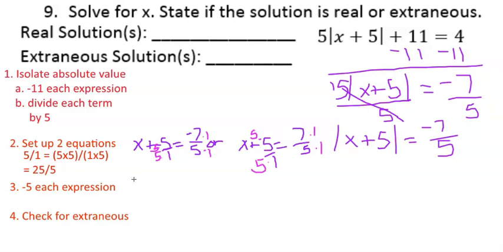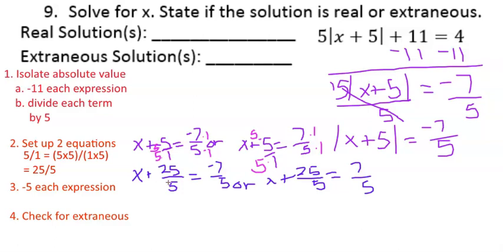So after you do that, you have x plus 25 over 5 equals negative 7/5, or x plus 25 over 5 equals 7/5.